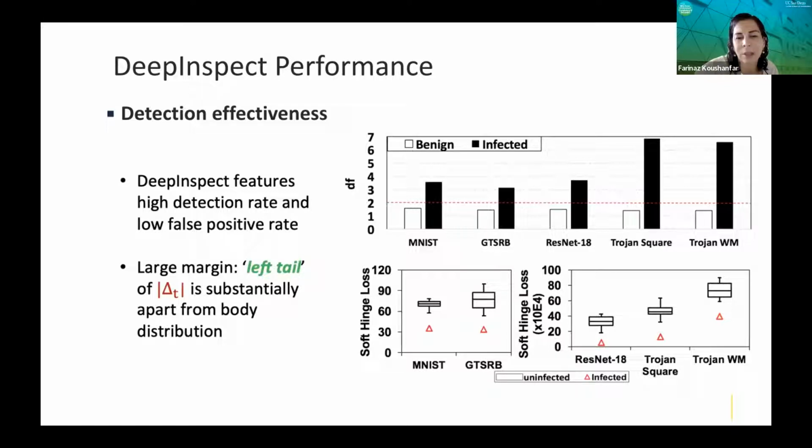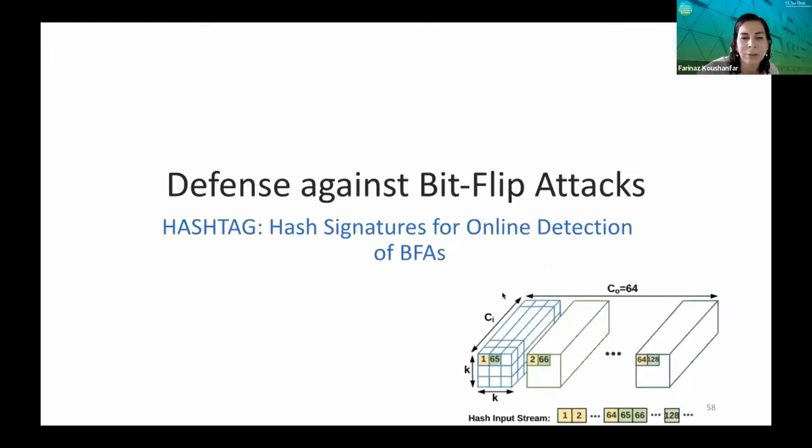And here you see infected and uninfected models. For the infected ones, in a box plot, the values shown in red are the values that reside outside the box plot. So as you can see, this distribution of the delta triggers is a good sign of why these values are rather different.